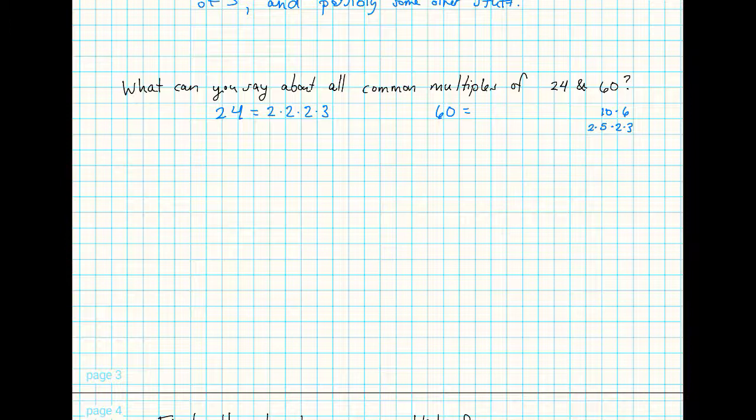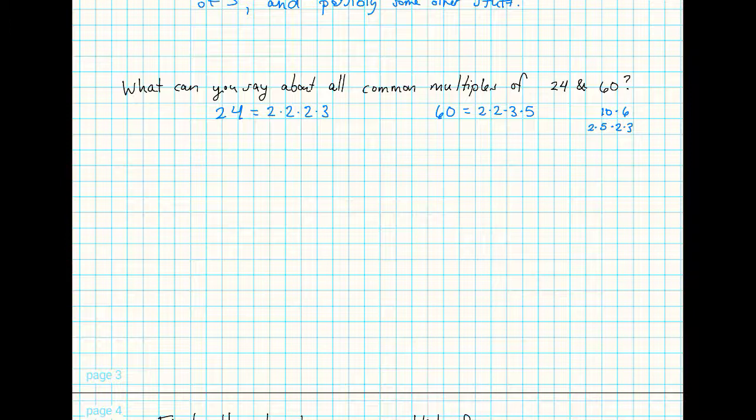So it looks like 2 times 2 times 3 times 5. Okay? So any multiple of 24 has 3 factors of 2 and a factor of 3. And any multiple of 60 is going to have 2 factors of 2, a factor of 3, and a factor of 5.